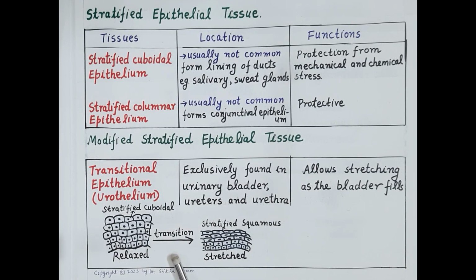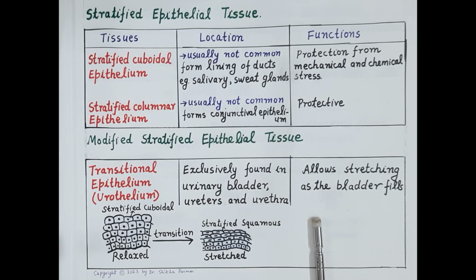So, transitional epithelium undergoes change in the appearance as its main function is to allow stretching of the tissues. So, this covers surface epithelium, this covers simple and stratified epithelial tissue and their modification.